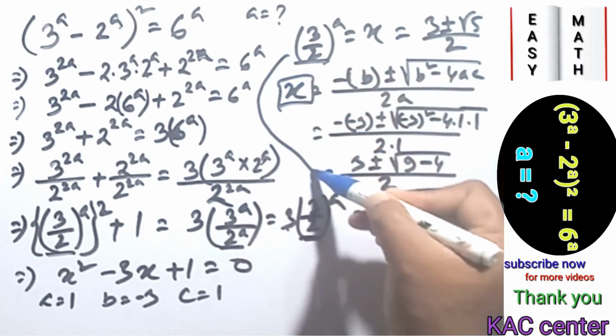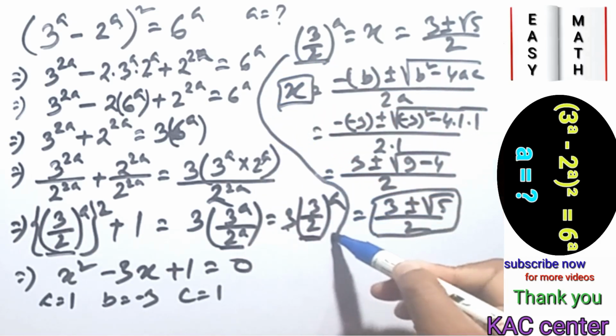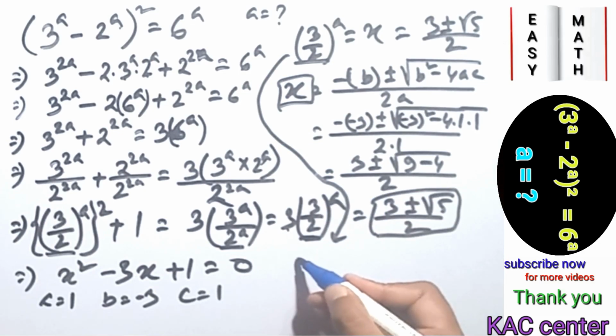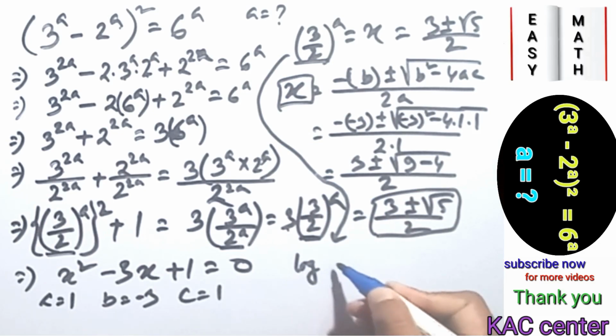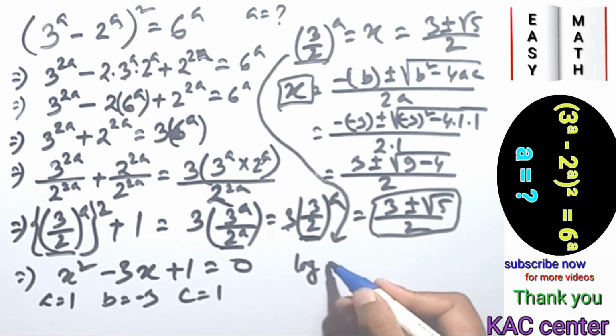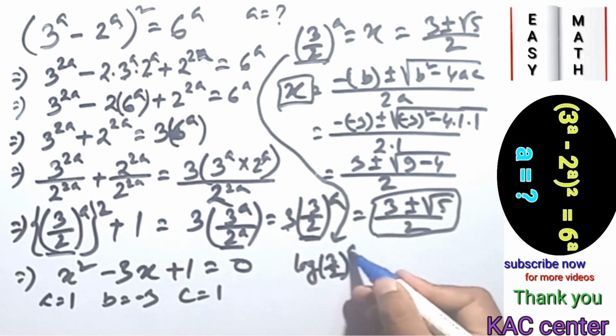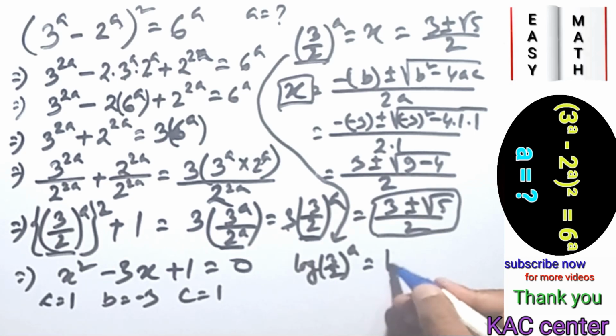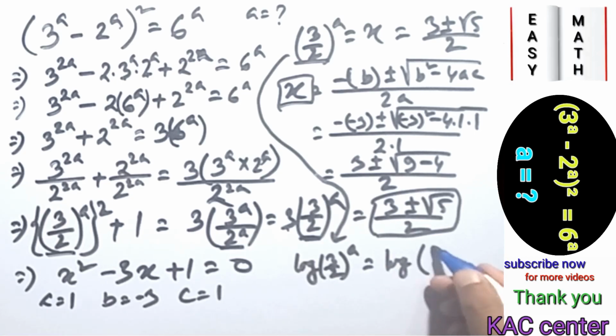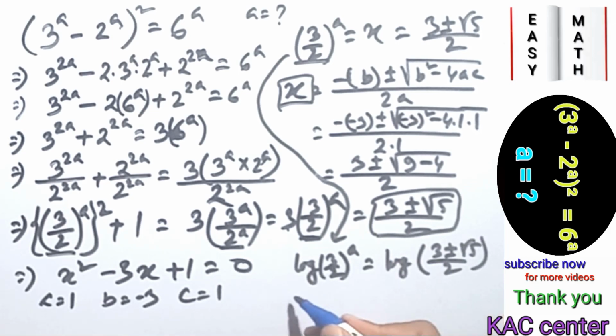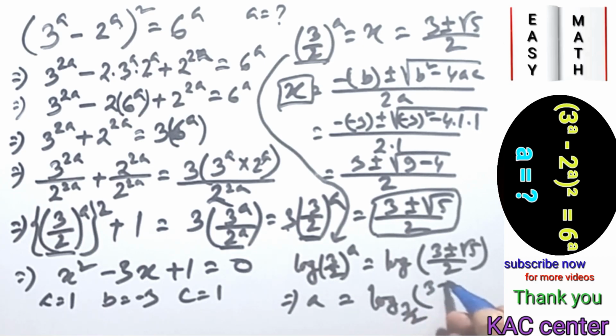So here we take the log, so log base 3/2 of 3 plus or minus root 5 by 2. So a value is the log base 3/2 of 3 plus or minus root 5 by 2.